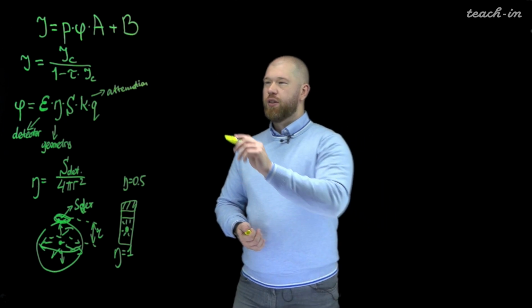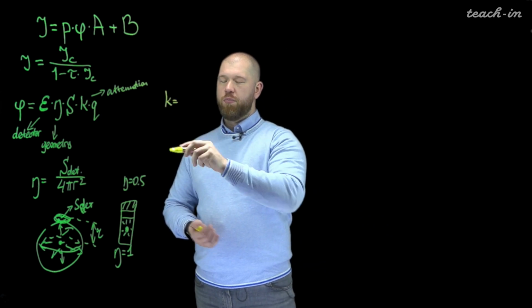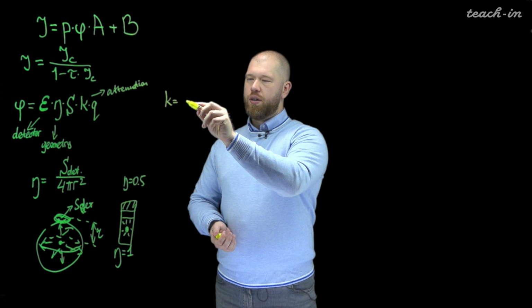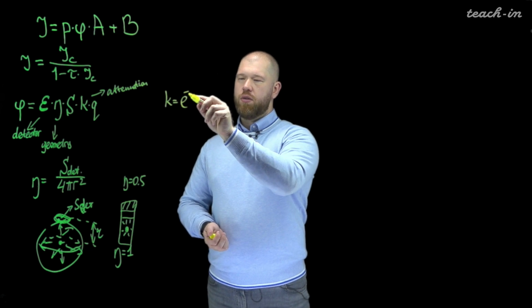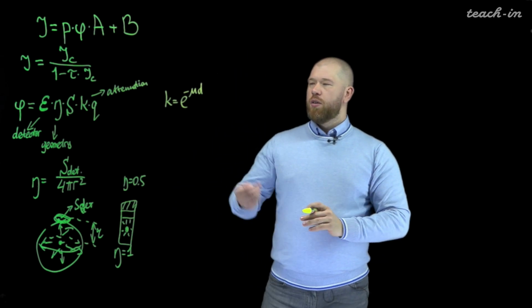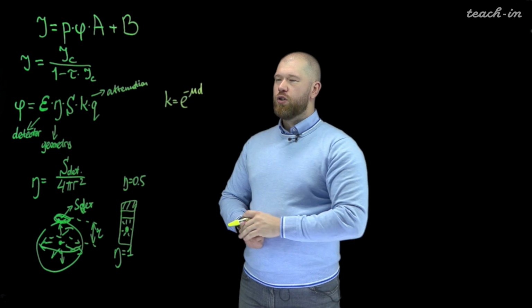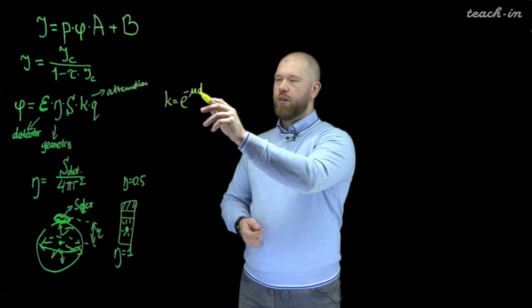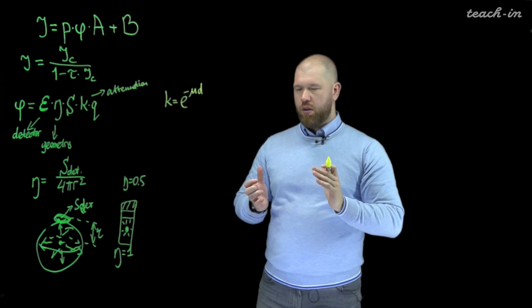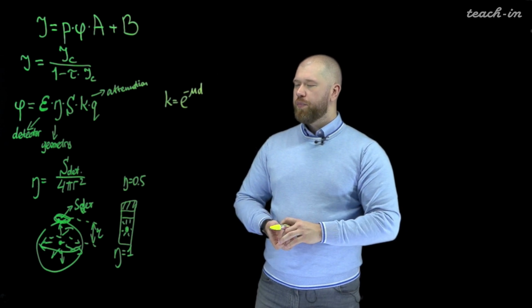I will just remind you that K for beta particles is equal to exponent in degree of minus the mass attenuation coefficient multiplied by the thickness of the air or window of the detector.